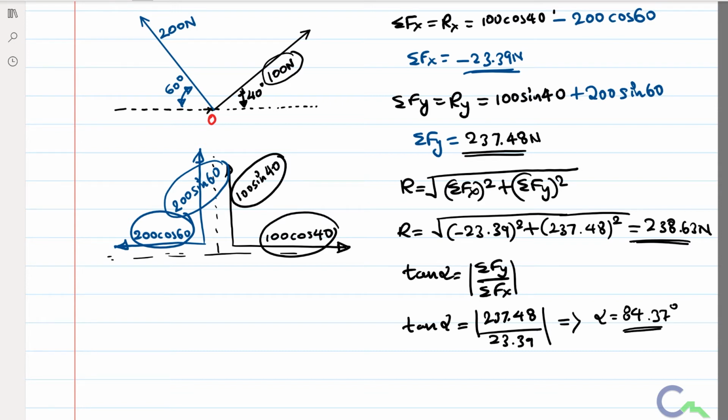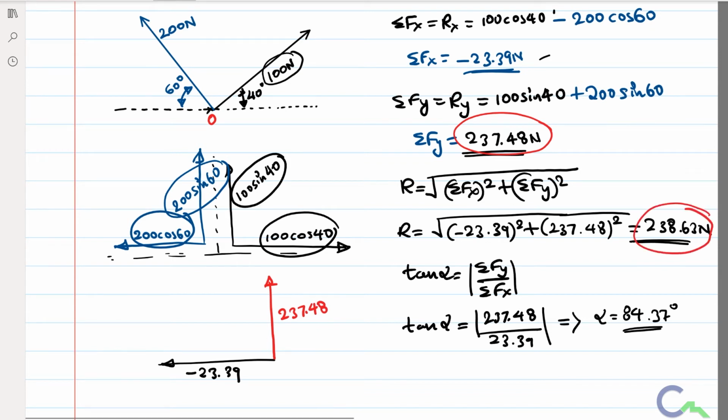After getting these values, I want to show this in the figure. So the horizontal component of the resultant we got is minus 23.39. The vertical component of the resultant we got is 237.48 acting in the positive direction. The resultant we got is 238.63. The angle is very important here, that is almost 90, that is 84.37.